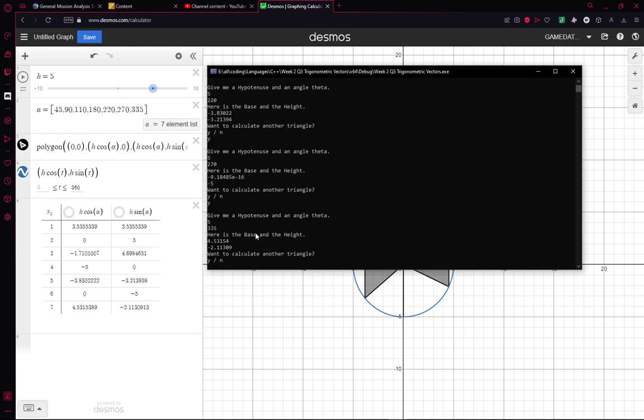And then here we have all our triangles. And if you check right here, 4.53154, that's pretty darn close to what we have here. And then negative 2.11, we have that right there.